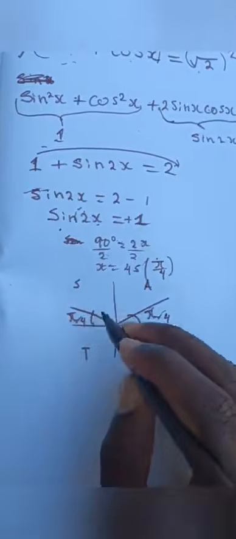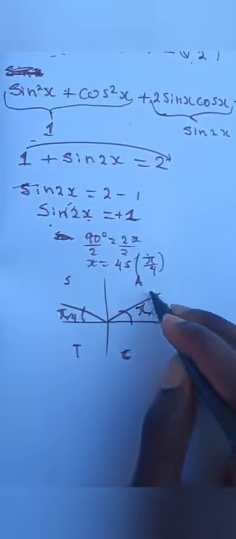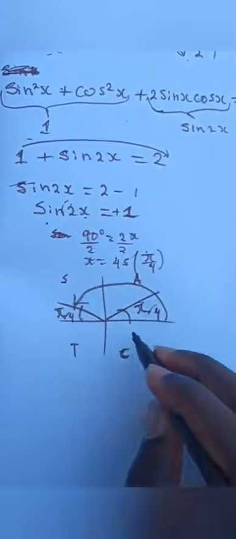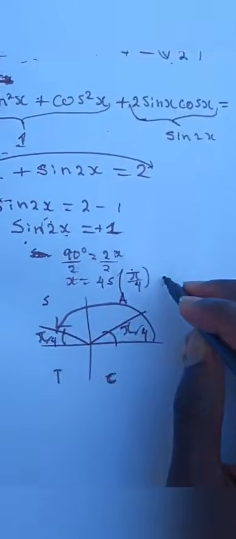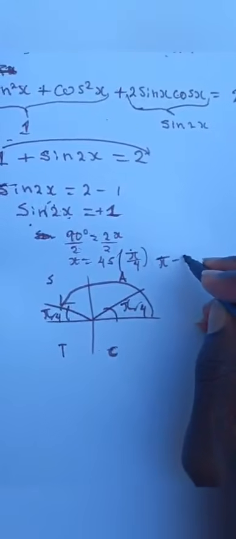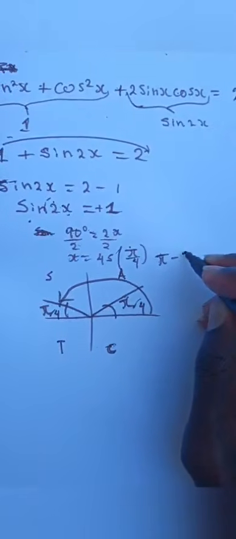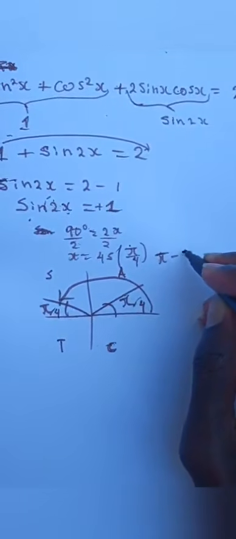Now, for the second quadrant, we need to find the distance from here to here, right? So pi is actually 180, so basically I'm trying to say 180 minus 45.